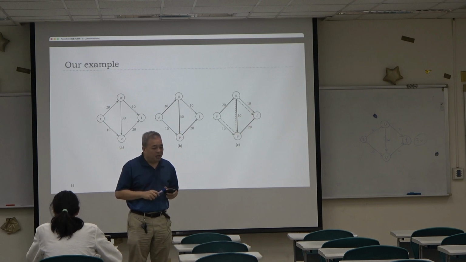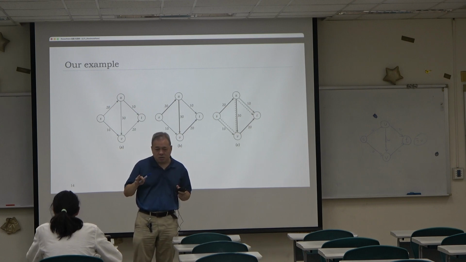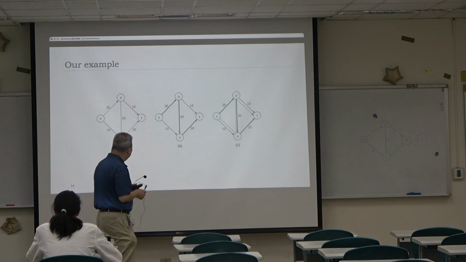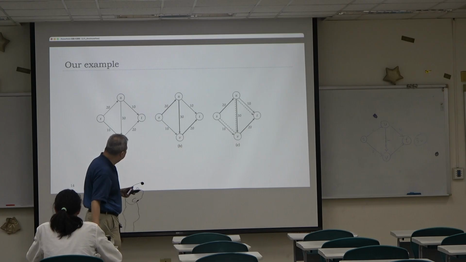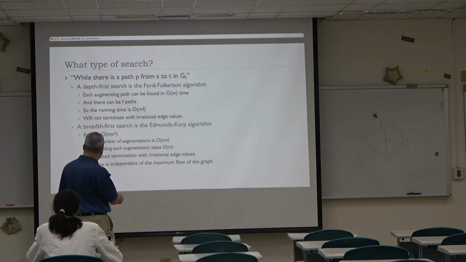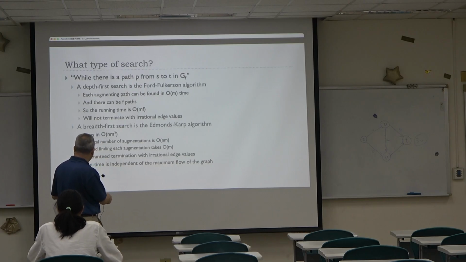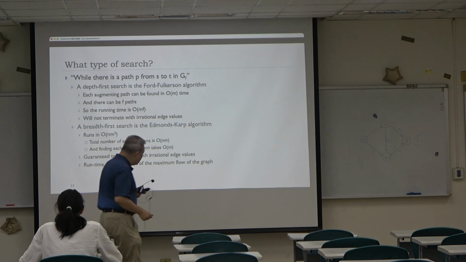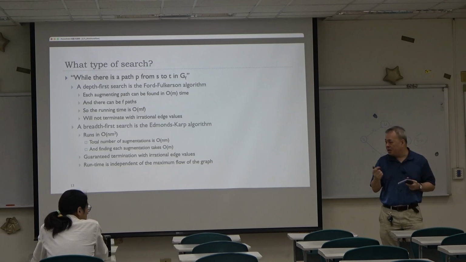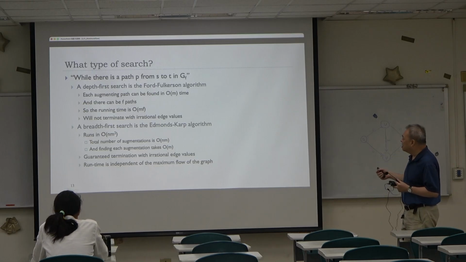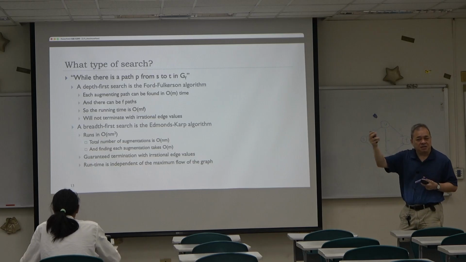Okay? But I just want to point out the Edmonds-Karp algorithm. The only difference between Edmonds-Karp and Ford-Fulkerson is the BFS and DFS.